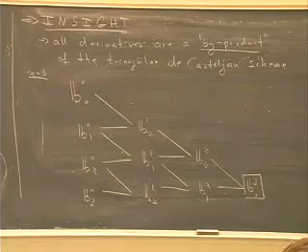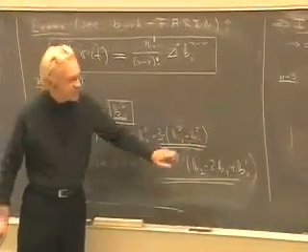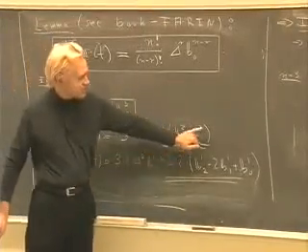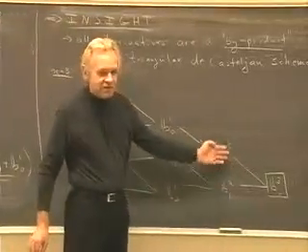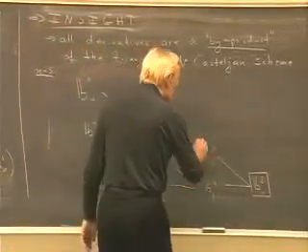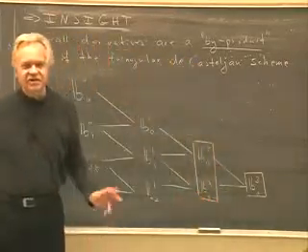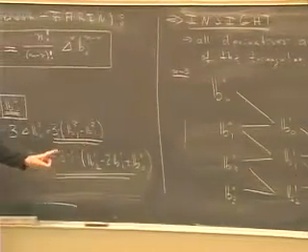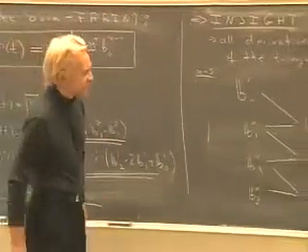The derivative is related to these numbers, B1,2 and B0,2. Do you see them? Here, right? So this column contains the relevant numbers you need for the derivative, right? You compute the difference of these two numbers, and then you multiply by this factor of 3, and you have the derivative at that point.